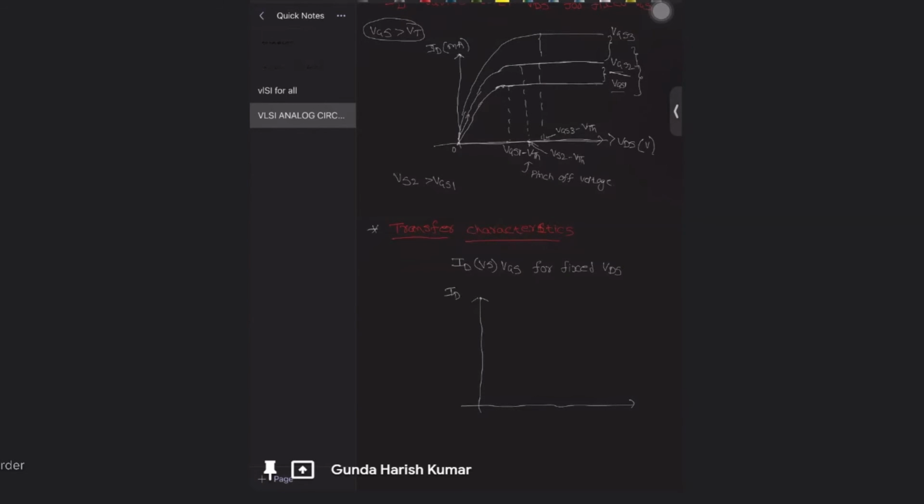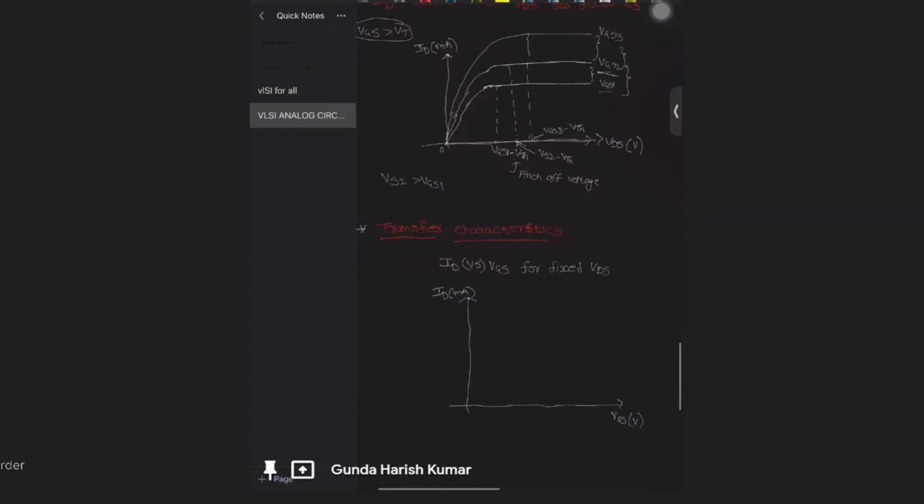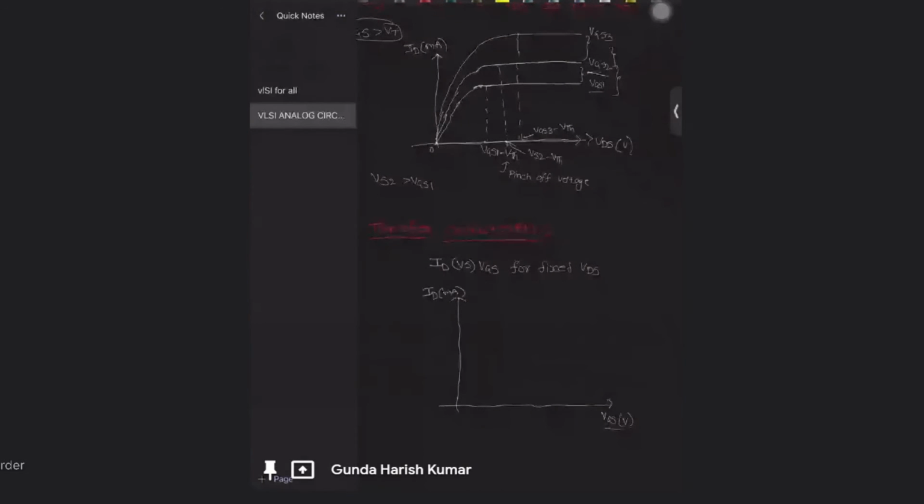That is nothing but ID on the y-axis and VGS on the x-axis. So now we have to see how the drain current varies.